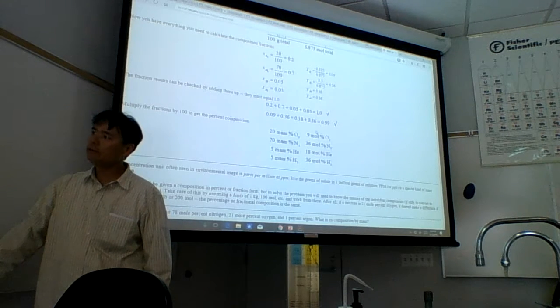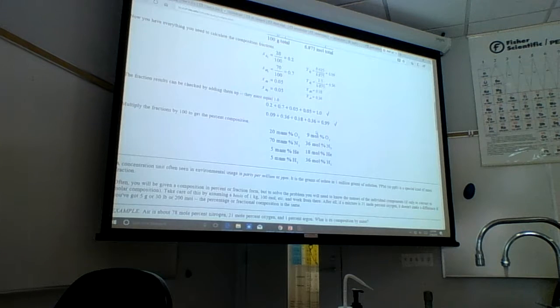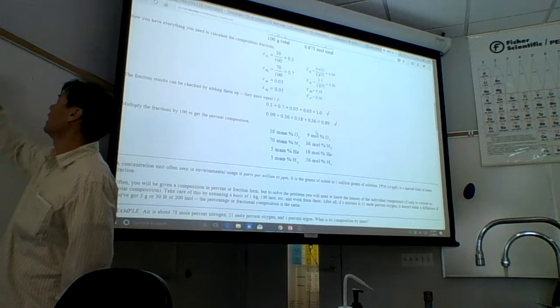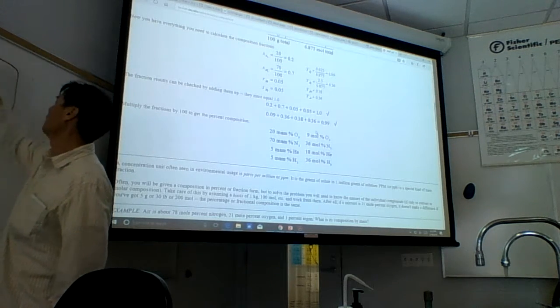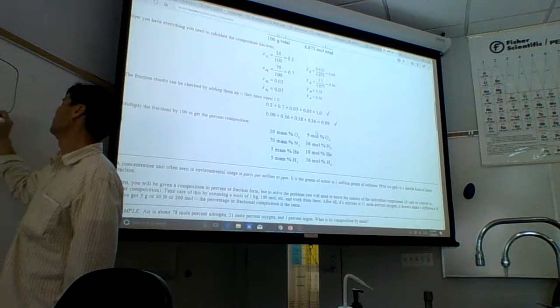And so the way we think about this by Dalton's law is this. Let's say I have a 100 liter box of air, and this air is at 1 atmosphere. If we visualize this using Dalton's law, how much nitrogen do I have? Well, I have 1.00 liters of nitrogen.